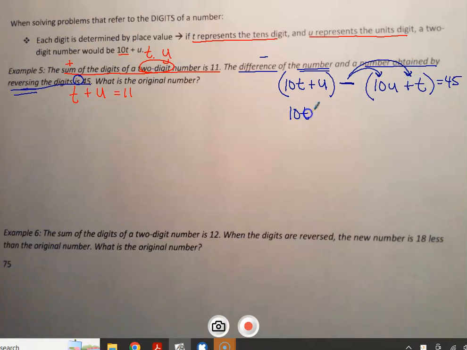So we've got 10t plus u minus 10u minus t equals 45. So if we distribute, 10t minus t is 9t, and positive u minus 10u is going to give me minus 9u equals 45.